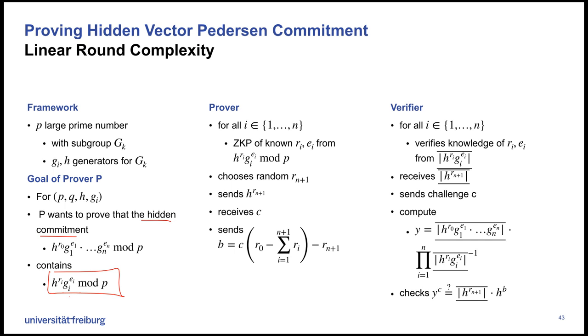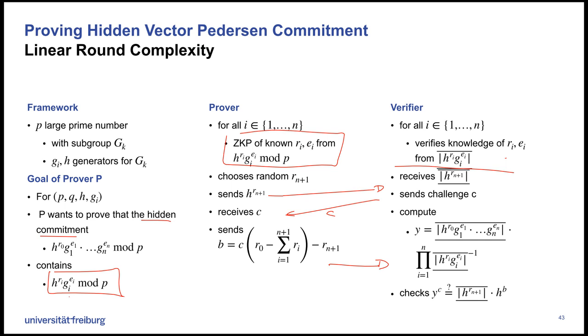So what we can do is make a proof that the new commitment has the right form of powers of h and powers of g. Then we choose a random r_n and send h to the r_n plus 1, and when we get the challenge, the sigma proof again, we can send this information.